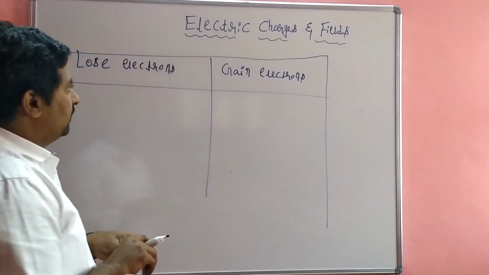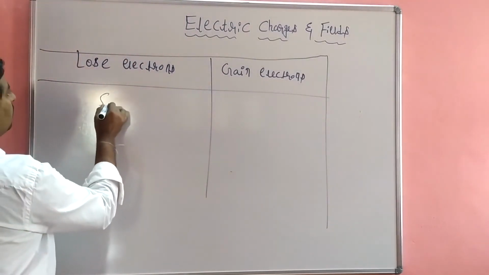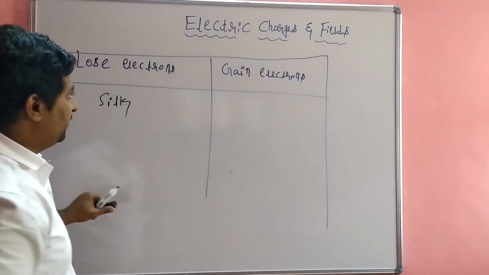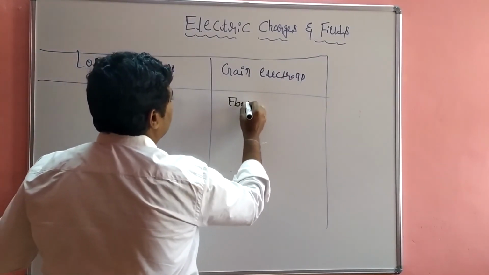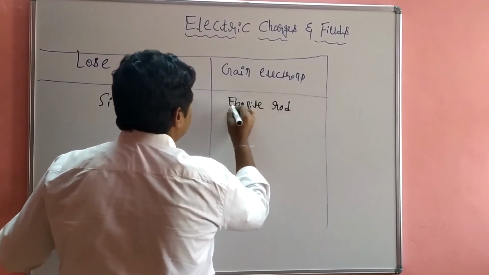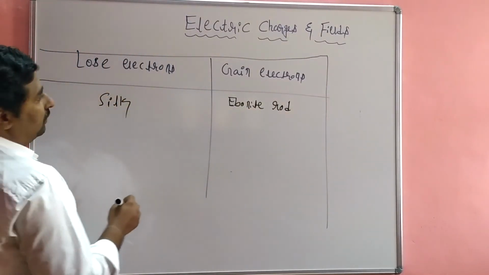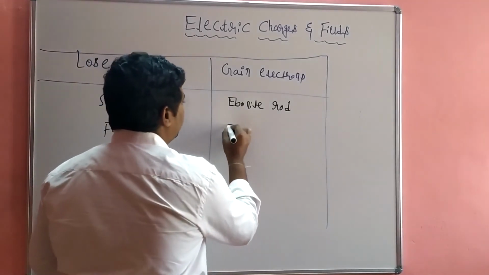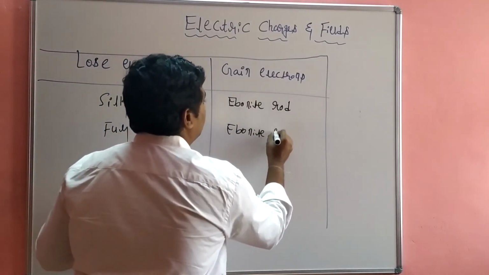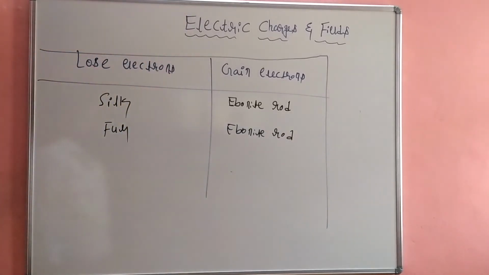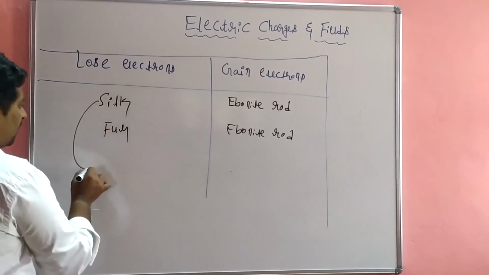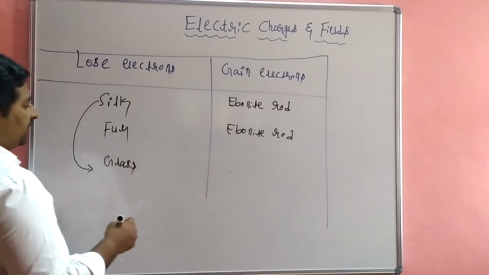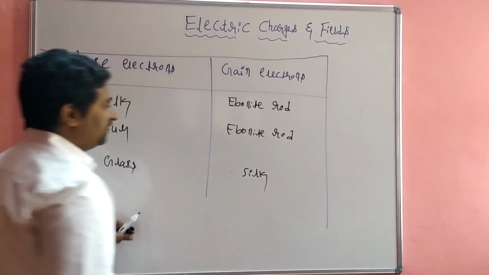When the glass rod is rubbed with silk, the glass rod loses the electron and silk gains the electron.